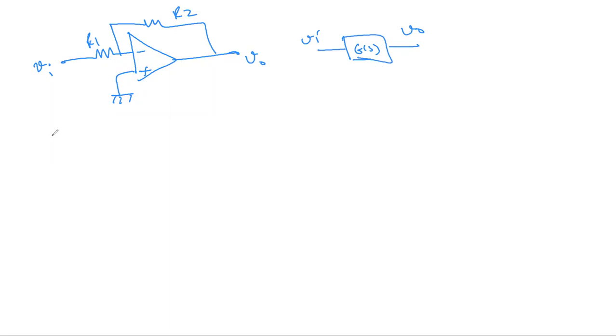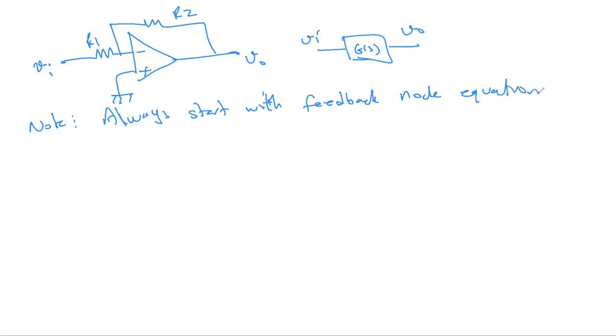We are going to make a note here. When we try to analyze any op-amp circuit, always start with the feedback node equation. From output to input, we have this feedback in the op-amp circuit.